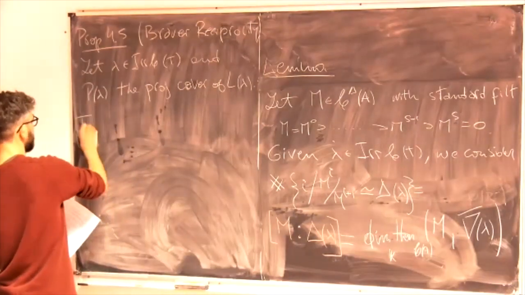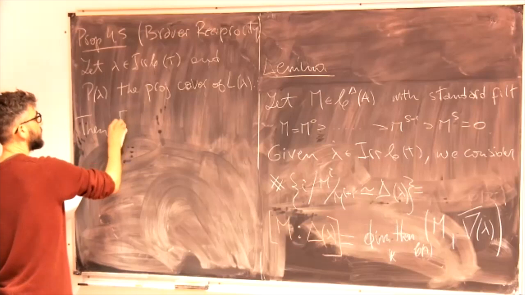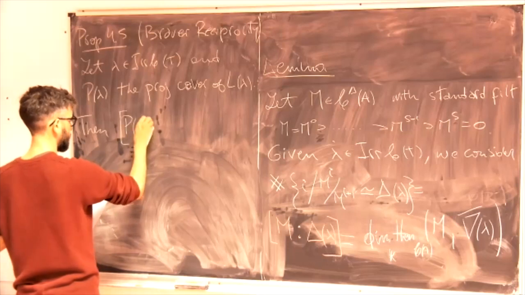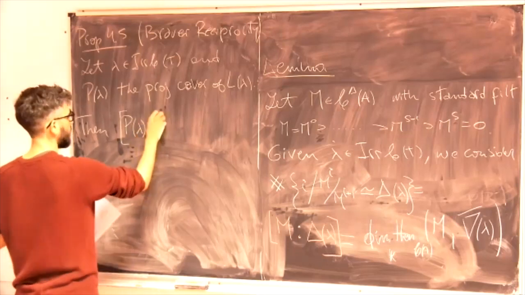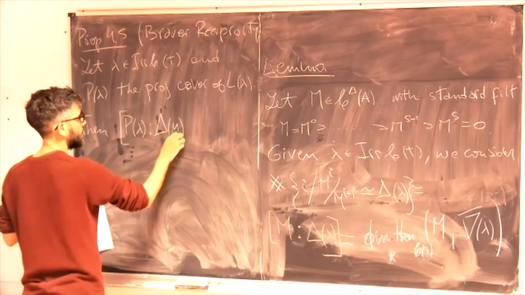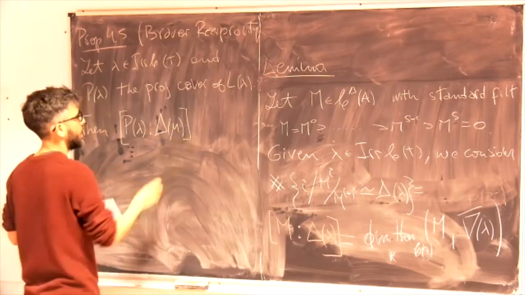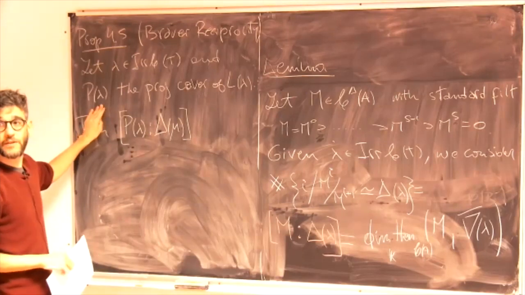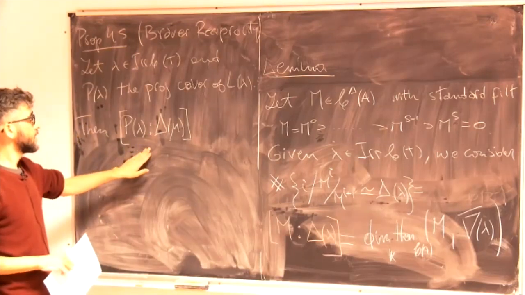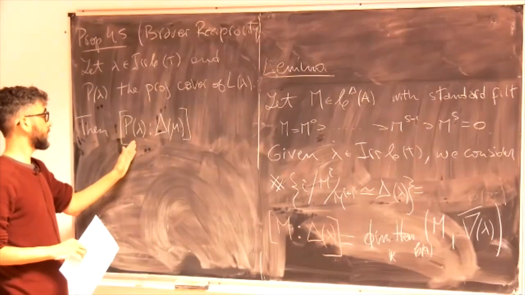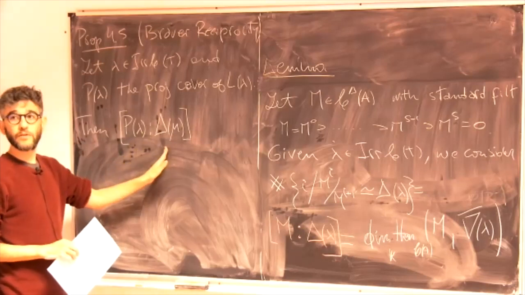Then the corollary that I proved after the lemma was that every projective module admits a standard filtration. So we can consider the number of composition factors of the projective P lambda which are isomorphic to Delta mu.